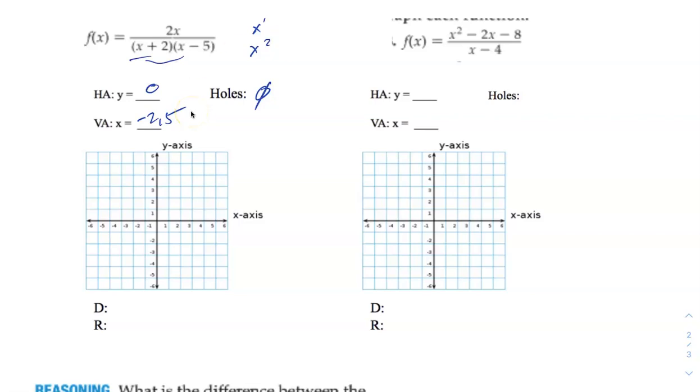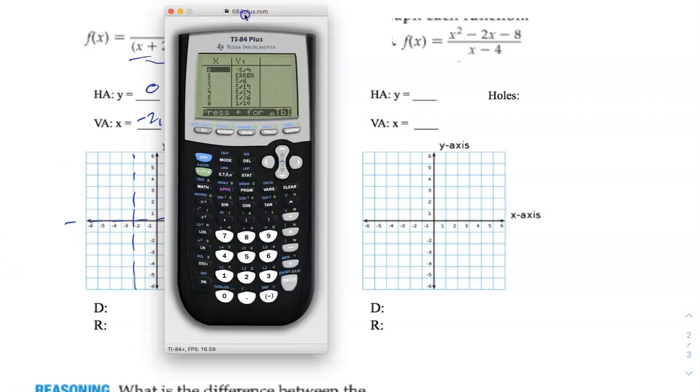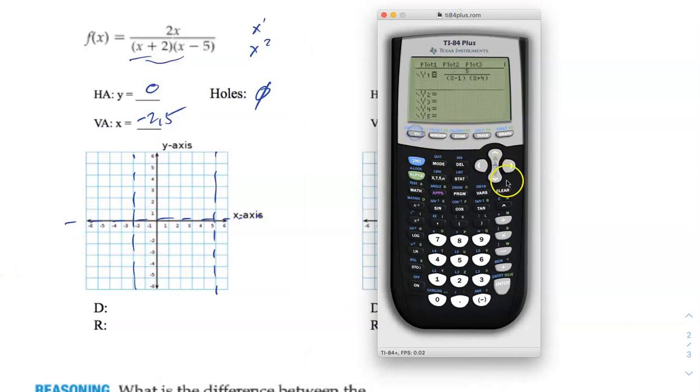So let's graph this, -2, 5, asymptote at 0. Okay, so again, I could either make a table. I'm gonna use some technology. I'm gonna do technology again because I am lazy. So Alpha, y equals 2x over x plus 2, x minus 5.